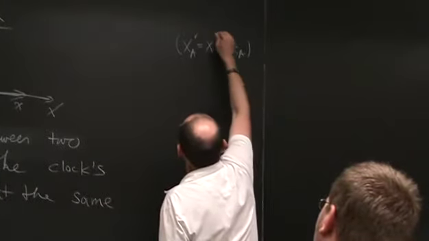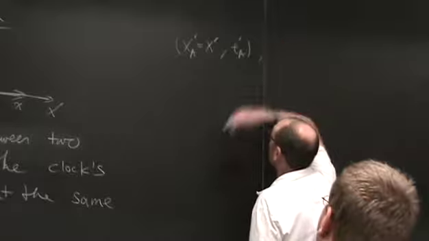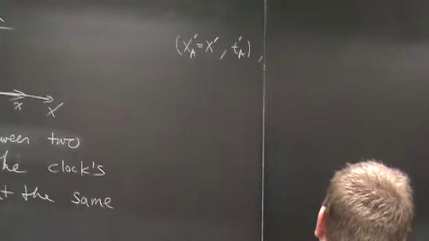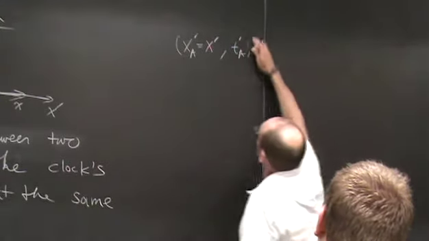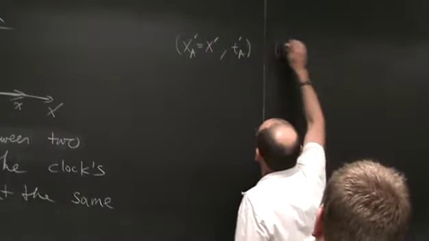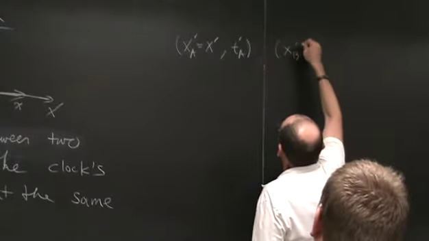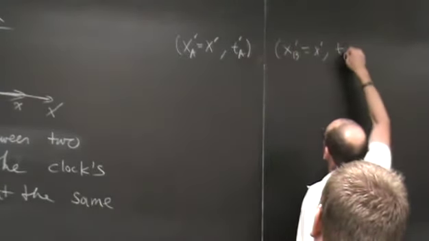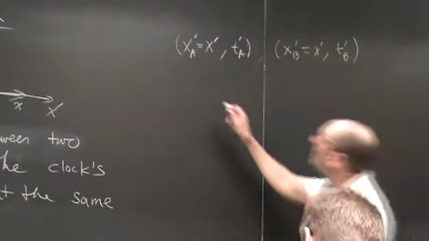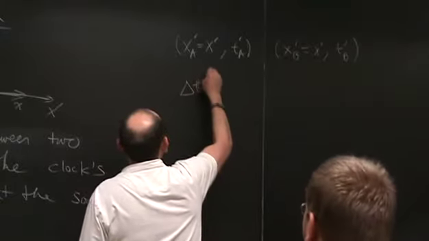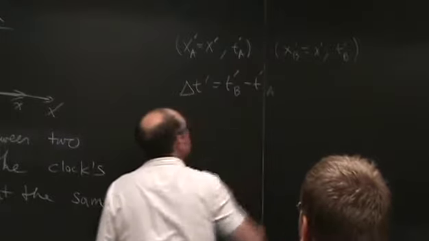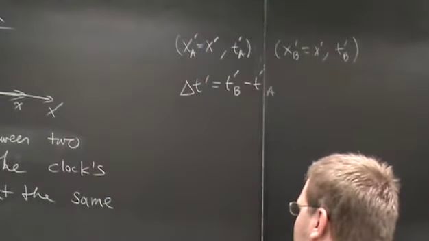This is in the moving frame, so we'll call that prime. Moving with respect to you guys, not with respect to me and the clock. So that's one, the clock goes tick and then it goes tick again. But at the same position. Okay? So the time interval between those two ticks in this frame is tb prime minus ta prime.